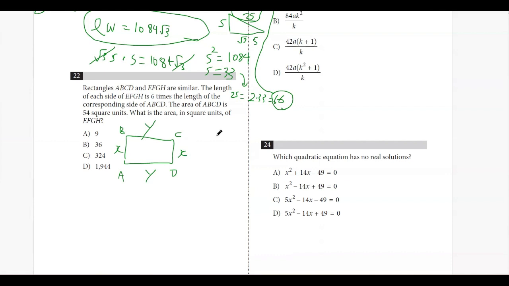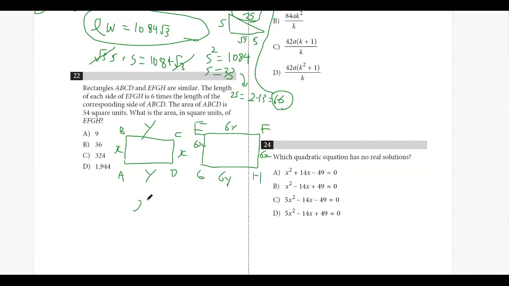So we'll go ahead and write 6y, 6x, 6x, EFGH.